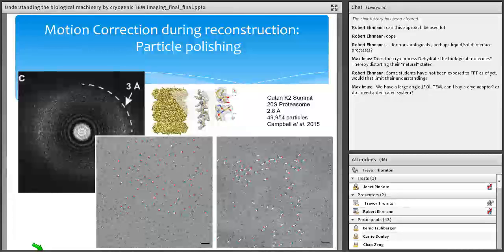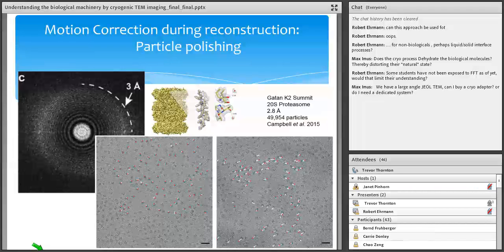And we do one last step to help further improve the resolution, and that's what's called particle polishing. If we think about it, not every molecule is going to be moving in the same direction. So we have the beginning, which is a green dot, and then a white line showing the vector to the red dot, the finishing location.